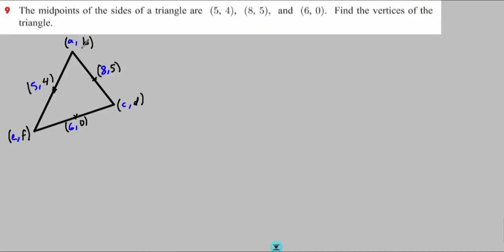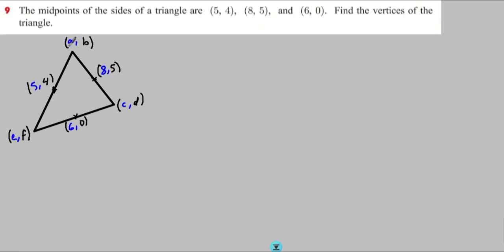So let's call the vertices (A, B), (C, D), (E, F), where A, B, C, D, E and F are coordinates of the vertices. Because we know that the midpoint is (8, 5), we can simply apply the rule.